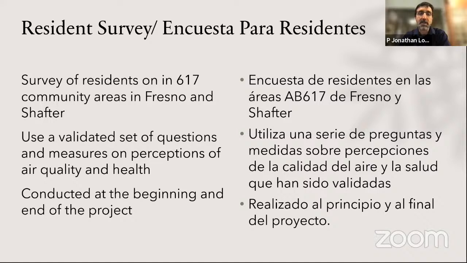We're using a set of validated questions, which have been scientifically shown to have reliable results and measures, specifically looking at resident perceptions of air quality and air quality changes, as well as self-reported health data. We're not doing a health survey like drawing blood or other kinds of biological samples, or even looking at health records. We're just looking at self-report. And we're doing 2 surveys, one at the beginning and one at the end of our project, to try to track change over time.